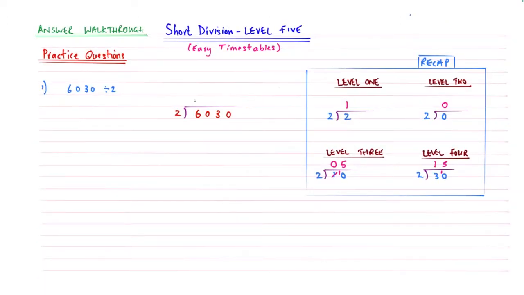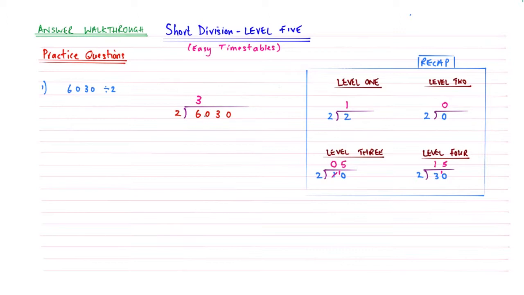Right, so if we take practice question number 1. Now I've got the 4 levels previous, so we can refer back to that when we're going through this. So question 1, we're going to take each digit in turn. How many 2's go into 6? Well, the answer is 3, so we write the 3 above that. How many 2's go into 0?